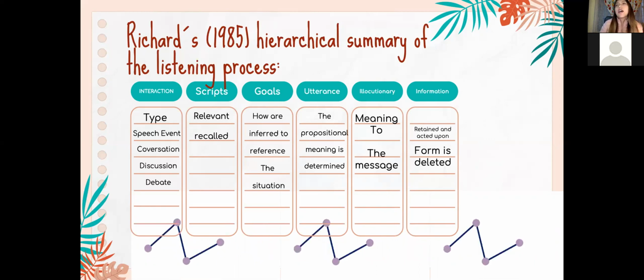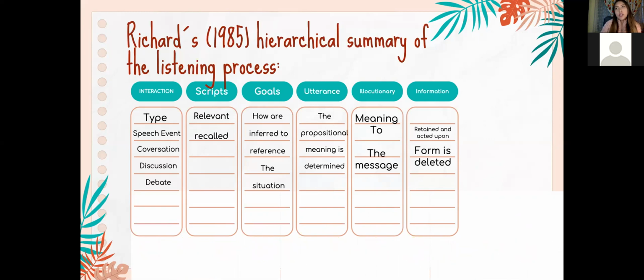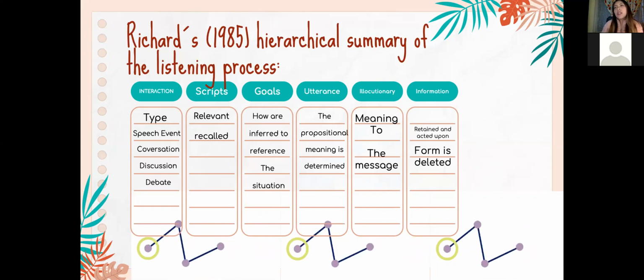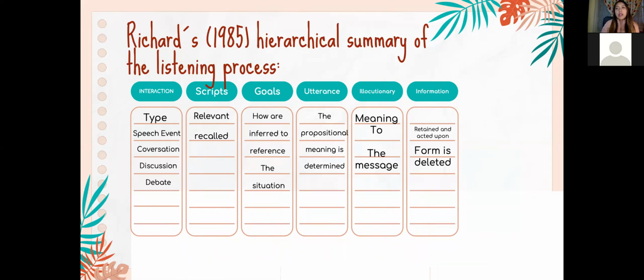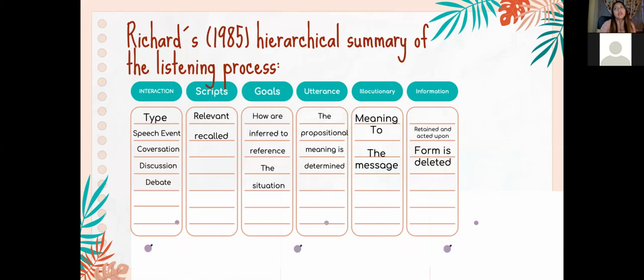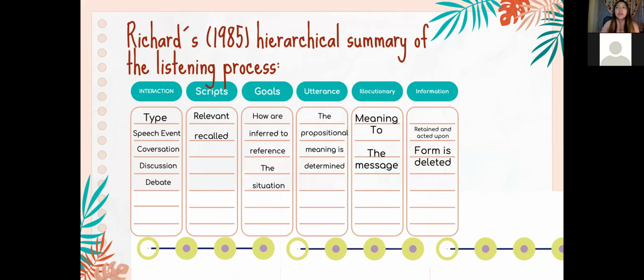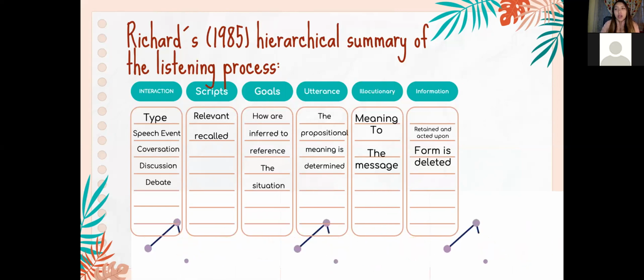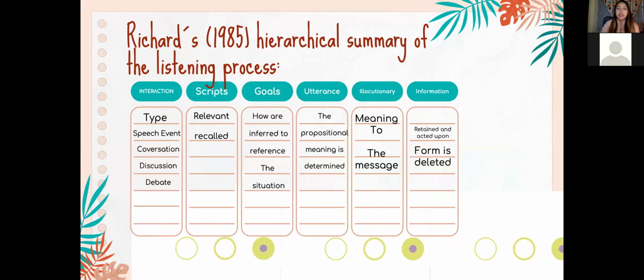The goals are how they are inferred in reference to the situation. Utterance is how the proposition provides meaning and how it is determined. Illocutionary is the meaning of the message, and finally the information: how it is retained, how it could be acted on, and how it could be formed and deleted.